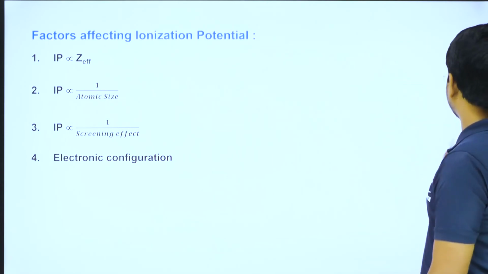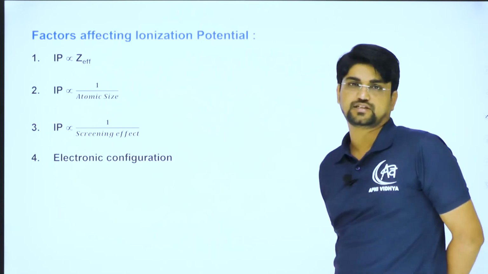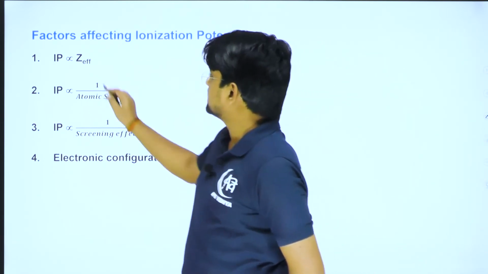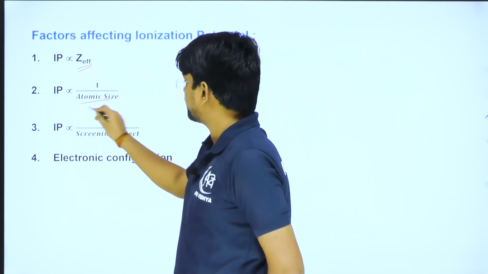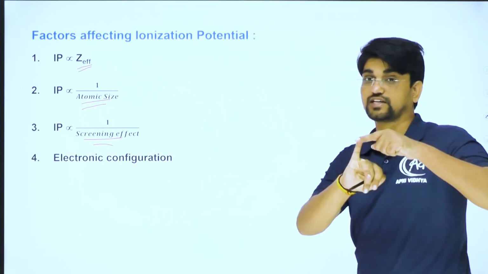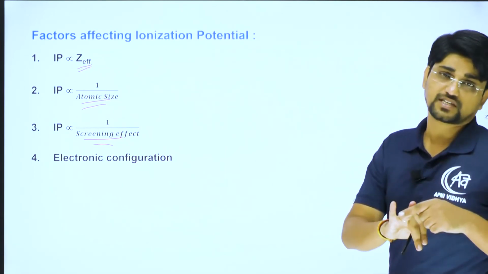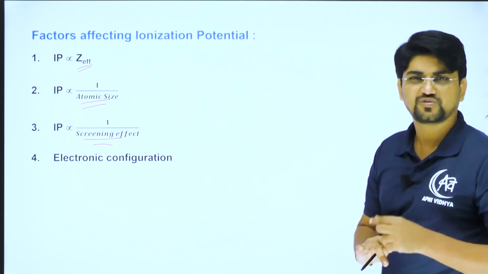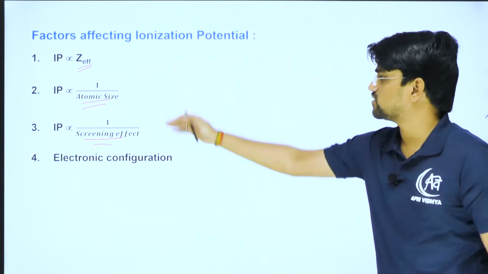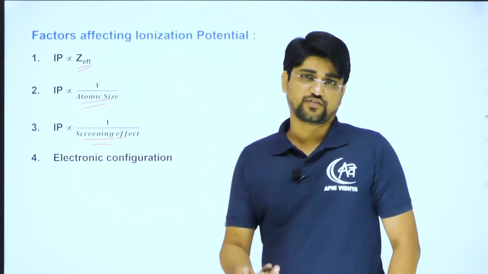Factors affecting ionization energy, the ionization potential. What are the factors? We have discussed these factors already two times, in effective nuclear charge, of course the screening effect topic, and atomic size. And very important, I have just discussed in the last slide, atomic size. First point, more Z effective.